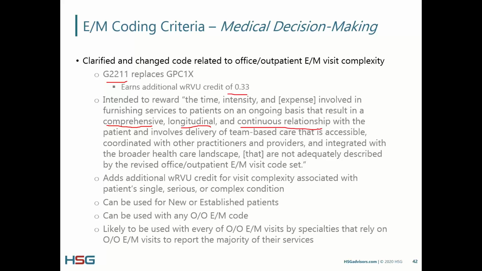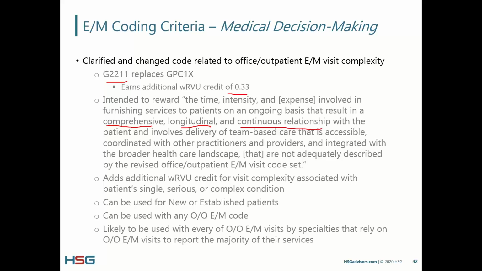And so, part of this confusion on my part was CMS had thought that this would be used for 100% of the visits for providers that are providing continuing care for a condition. And even in the 2021 rule, they thought that this might go down to 90% with delayed entry.